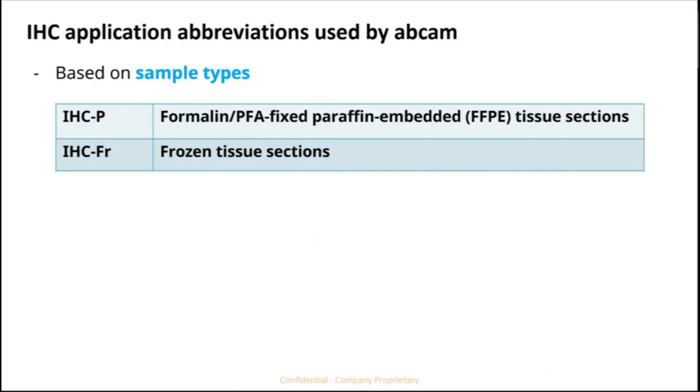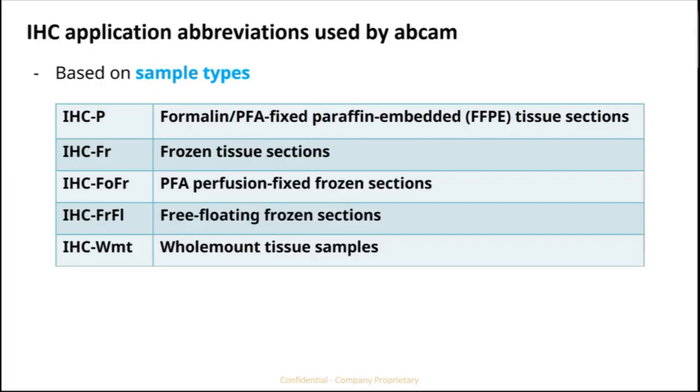I would also like to quickly share that we classify our IHC application based on sample types instead of the detection method. The two most common sample types would be paraffin embedded tissue sections, so IHC-P, or frozen tissue sections, which is IHC-Fr. There are also some other tissue type samples, such as free-floating frozen tissue sections or whole mount tissue sections.